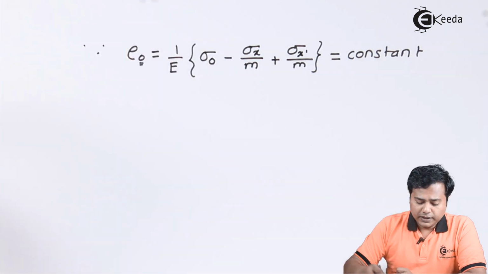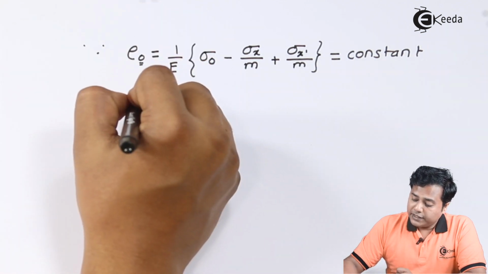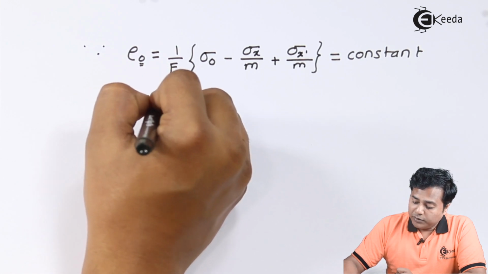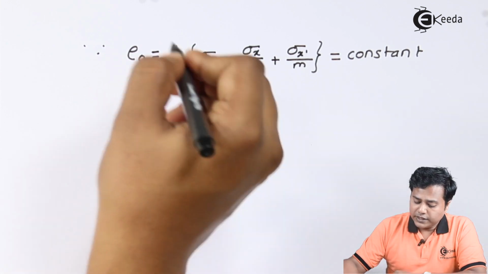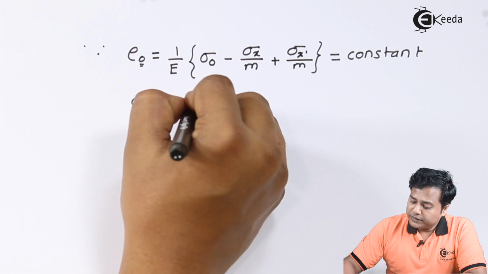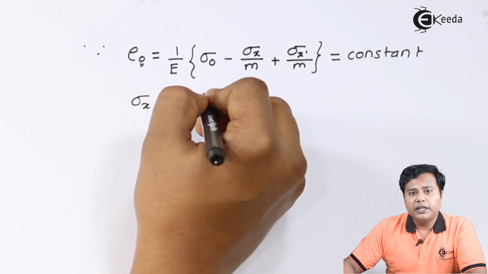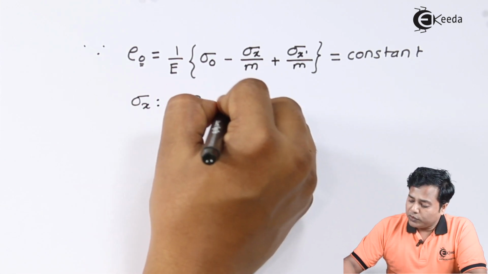Let's move ahead. There comes sigma X. Yes, of course, we need to understand what the components are. Sigma X, I will call this Px, or sometimes we use the letter Px also, but it remains constant.